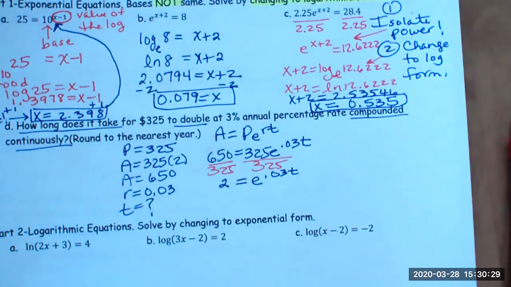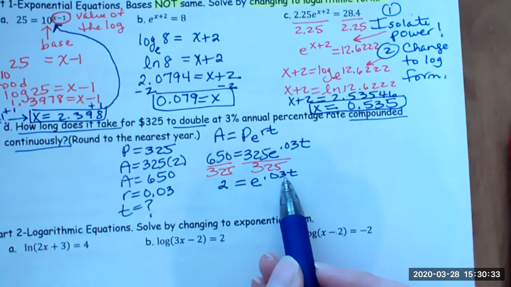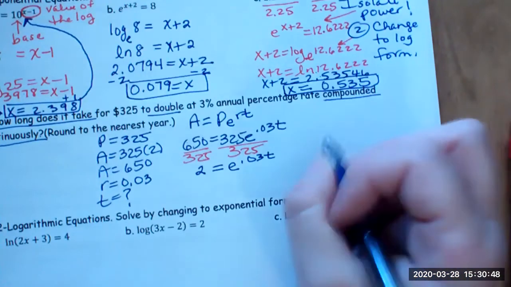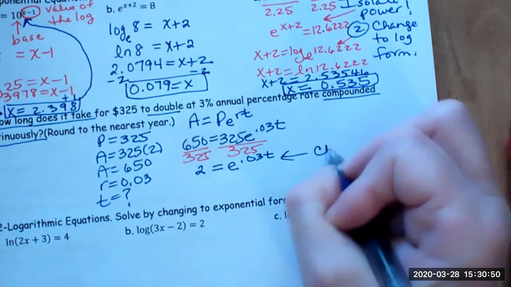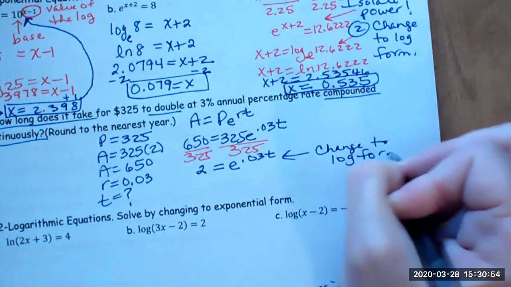Now, what you would have probably done in the past, before the spring break, to answer this question would have been some trial and error. But now we can actually change to logarithmic form to solve for t. So I'm going to change to log form, and that way I don't have to do guess and check.